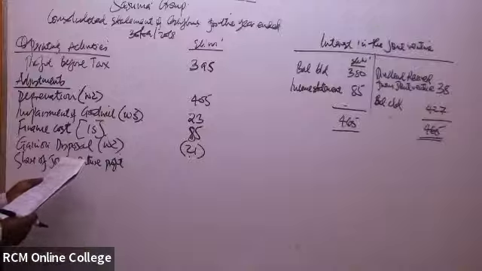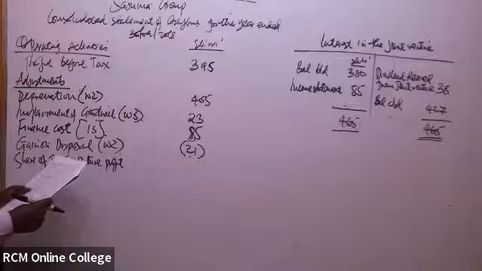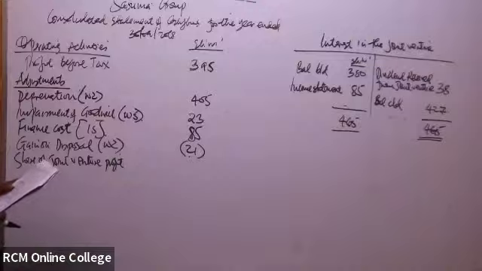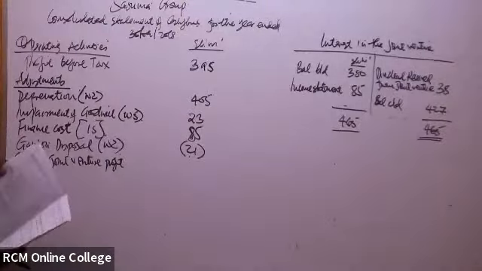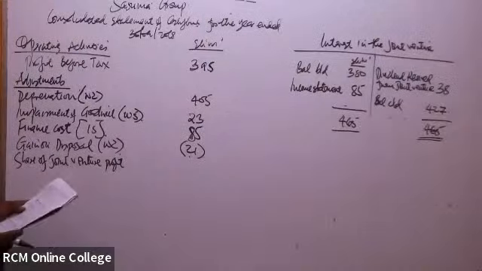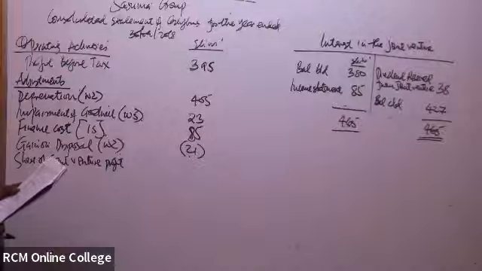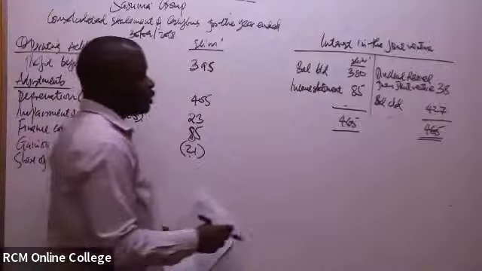And therefore, the share of the joint venture profits, under that particular working, is an amount of 38. So this is the dividend received from the joint venture.